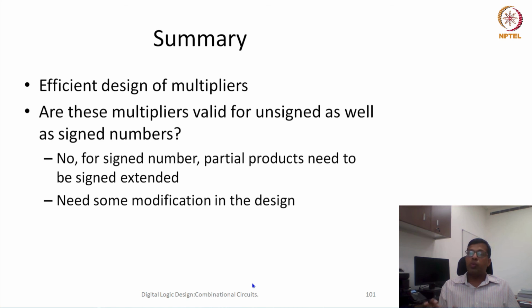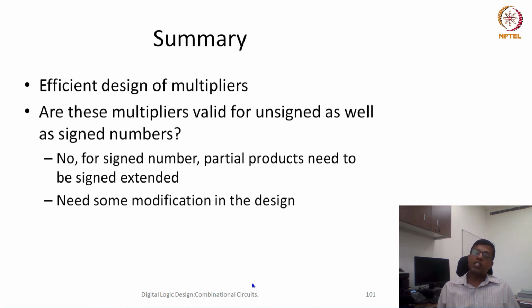Now, this 4-bit number tells me whether it is a positive or a negative number. Since the result is 8-bit and the partial product is 4-bit, what are we going to assign to the rest of the bits? Because my multiplicand was negative, I have to sign extend each of these partial products.